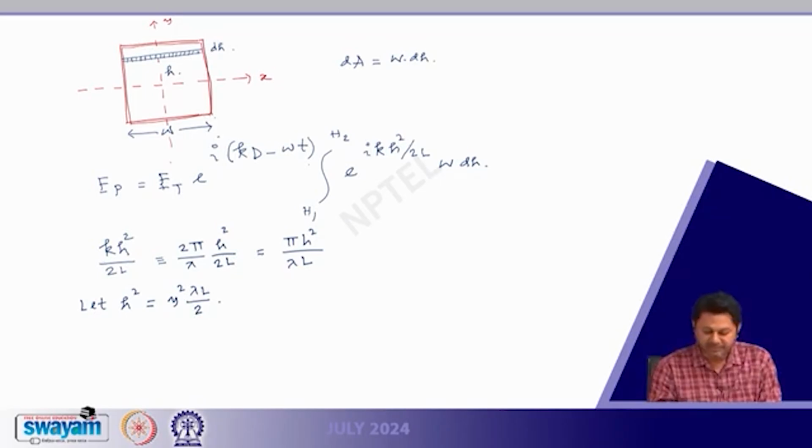Why I replace this specific term, one can understand easily. Then that gives me h is equal to y root over of lambda L by 2.